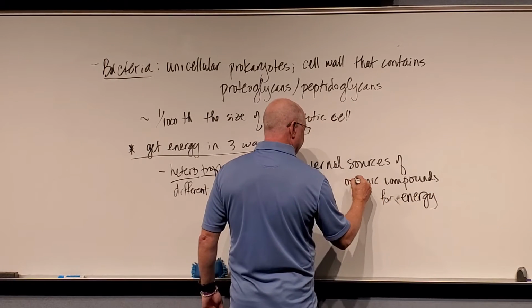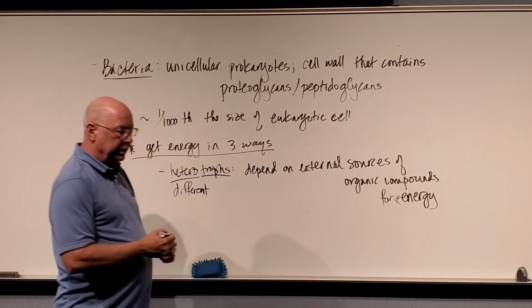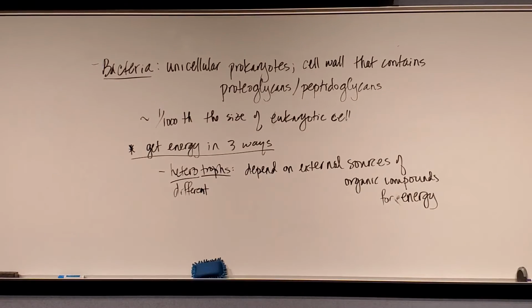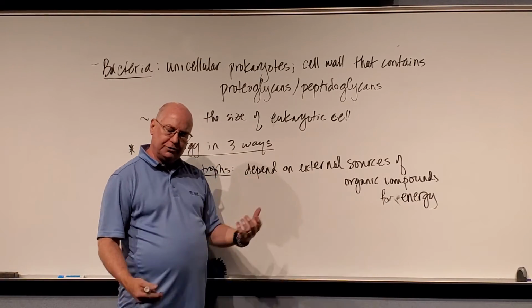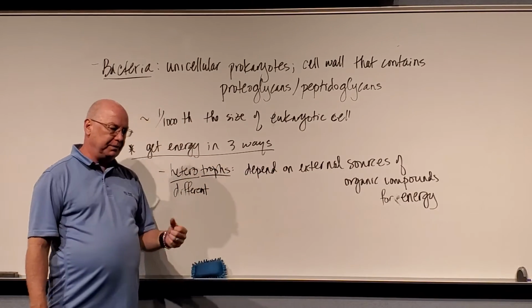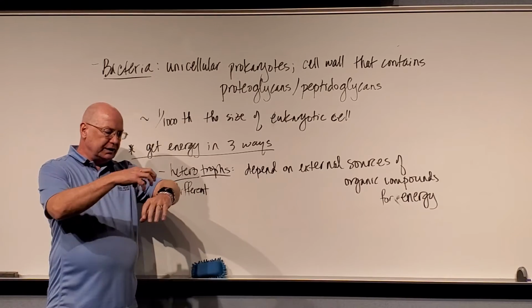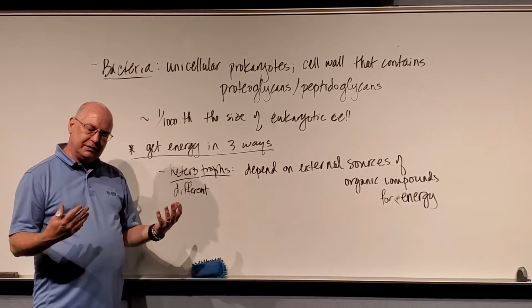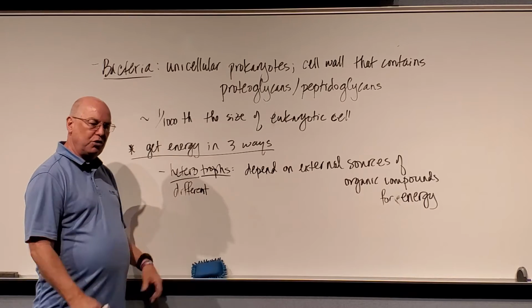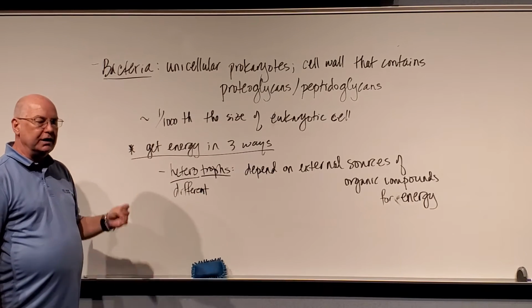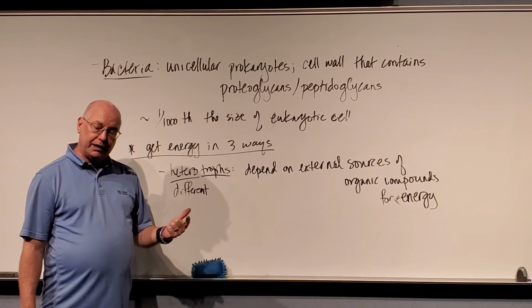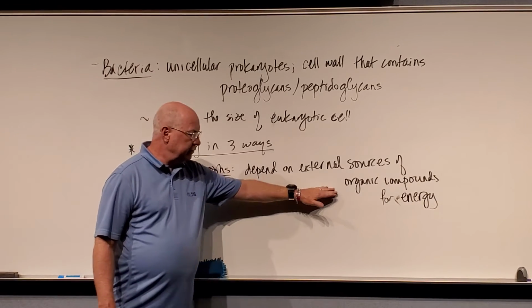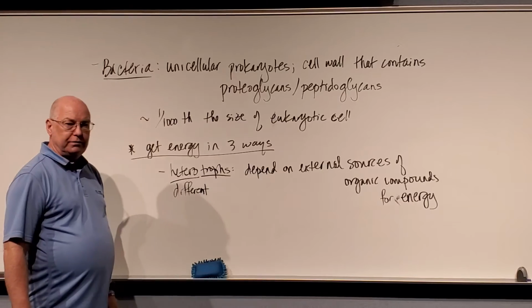Some bacteria are going to live on other organisms and break down all the organic compounds, all the carbon and hydrogen containing compounds in that organism. Like the things that would break down the body of a decomposing organism, the bacteria that would grow on that would be called heterotrophs. They can't make their own energy from sunlight. They don't make energy out of inorganic compounds. They break down organic compounds for energy.